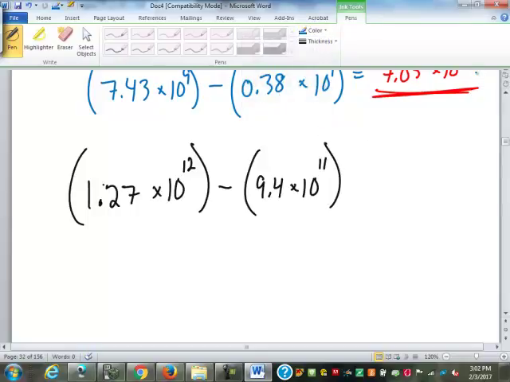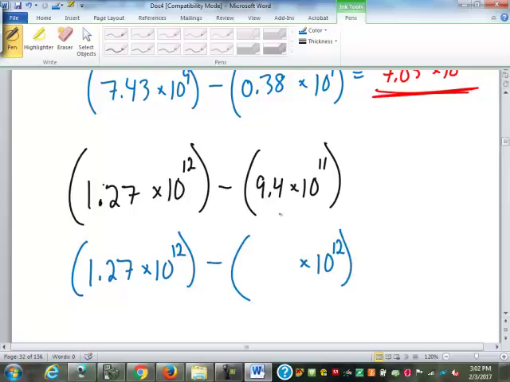What power of 10 am I going to change everything to? The 12th. So this one's going to stay the same. This becomes 10 to the 12th. What's this number become? 0.94. Good.